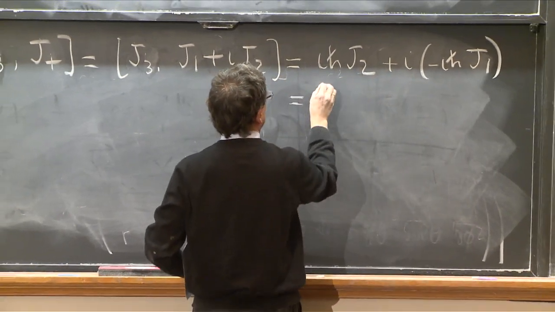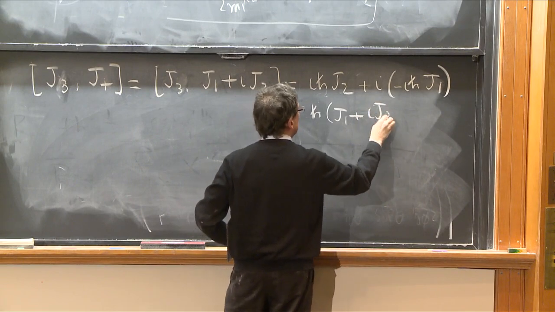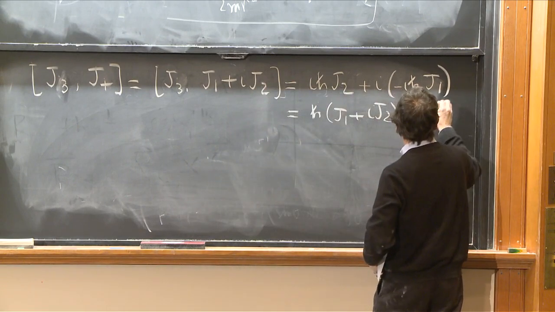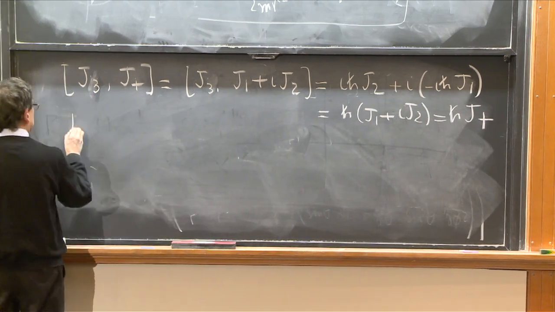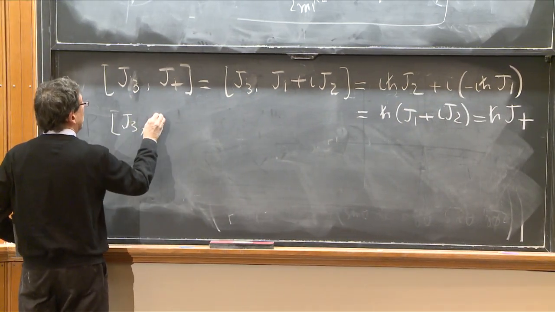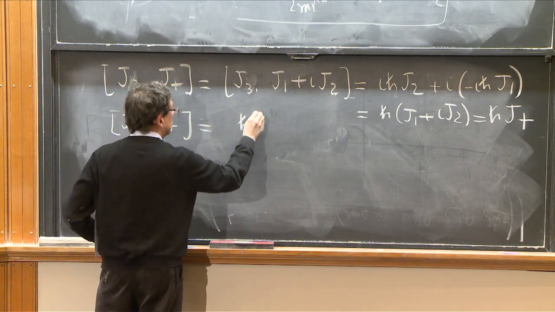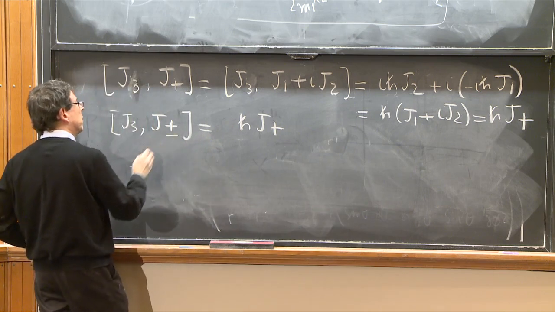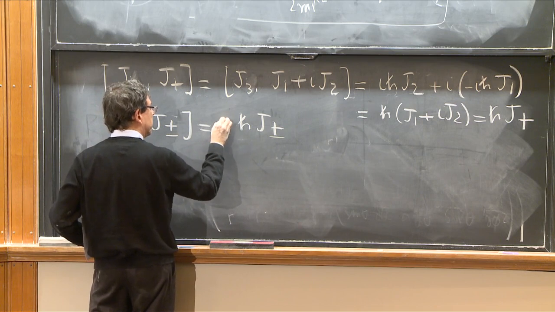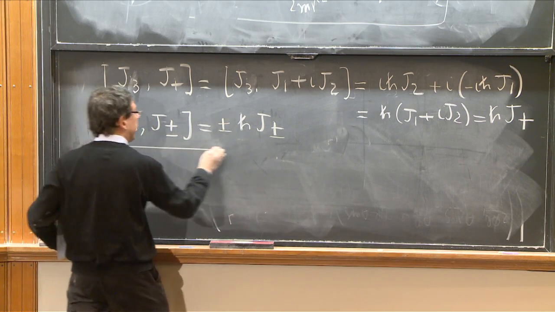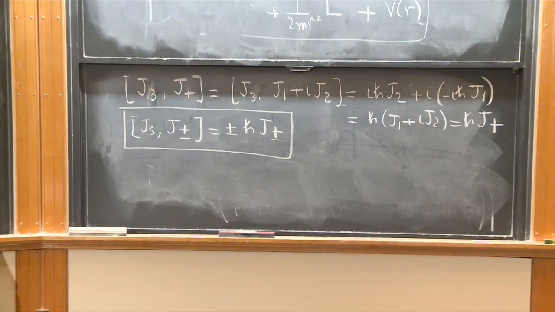So this is h bar J1 plus iJ2, which is h bar J plus. So what you've learned is that J3 with J plus is equal to h bar J plus, and if you did it with J minus, you will find a minus here. So that is the complete result.